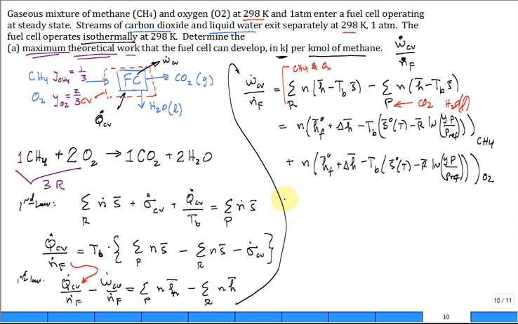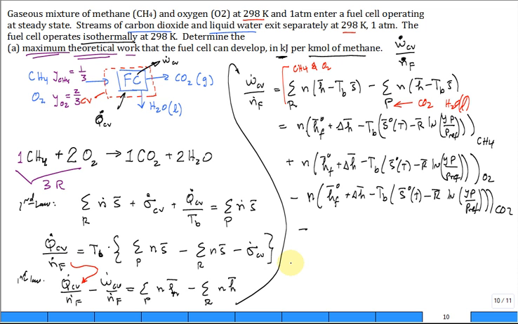And the same thing for the other two. Whoops, let me make that a minus sign. Then the number of moles times the enthalpy of formation of the carbon dioxide, plus the change in enthalpy, minus TB times S bar naught at T minus R bar natural log of y P over P ref. This is the CO2.